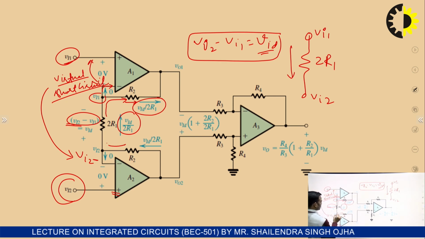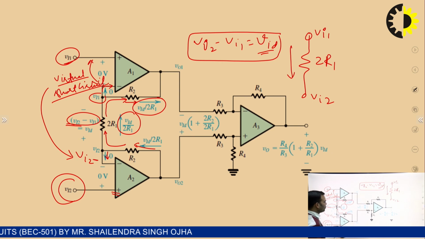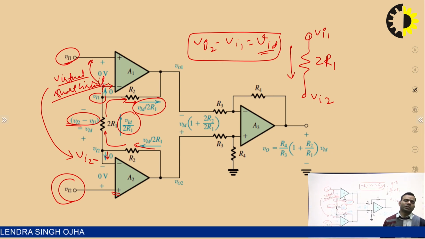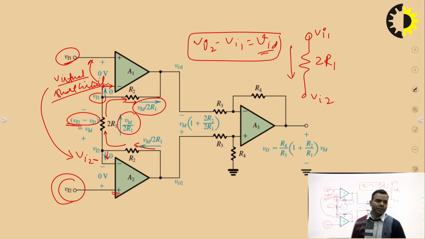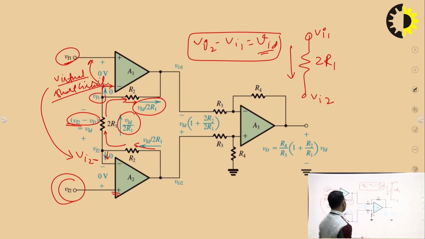Similarly, the current which is flowing here will also be equal to Vid upon 2R1 because no current will flow here. So, now we know the value of current through both resistors R2. Now, in this way we will try to find out the voltage that will appear here.